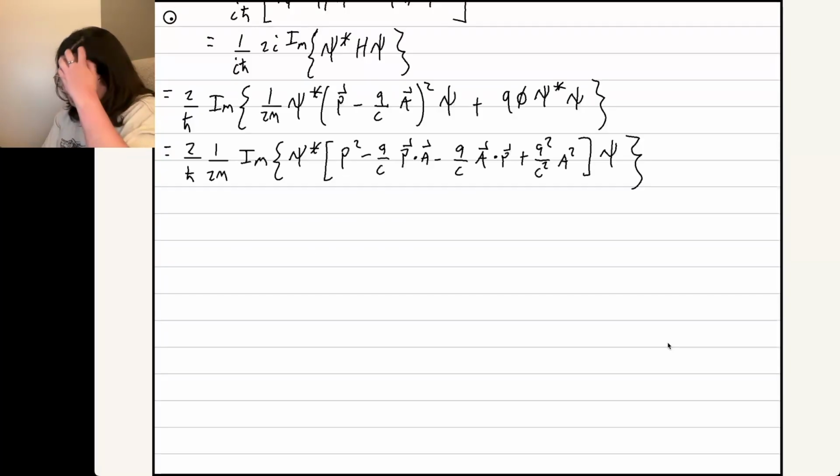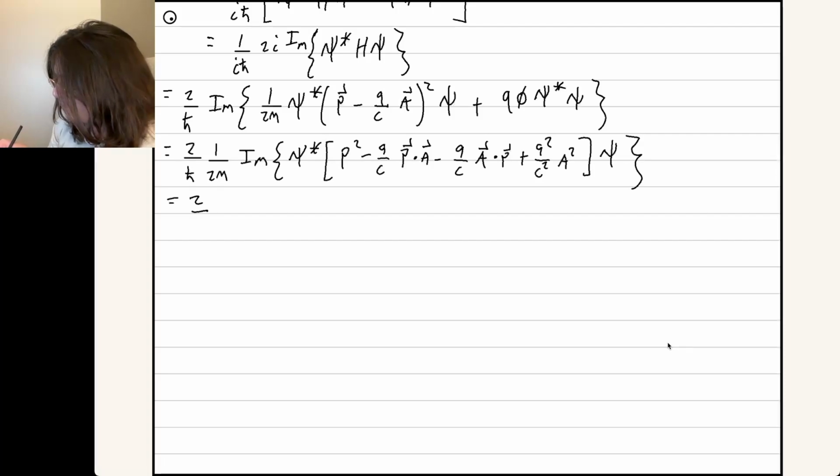Okay. p squared and q squared over c squared A squared are both real quantities by definition, so we won't really consider them anymore. But it is worth now expanding the definition of the momentum operator and simplifying the prefactor a bit.